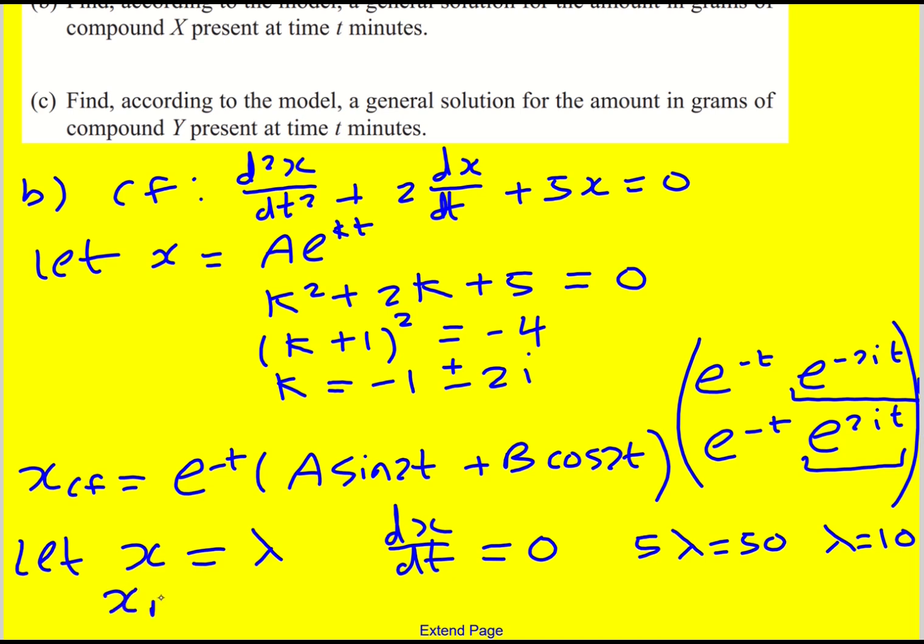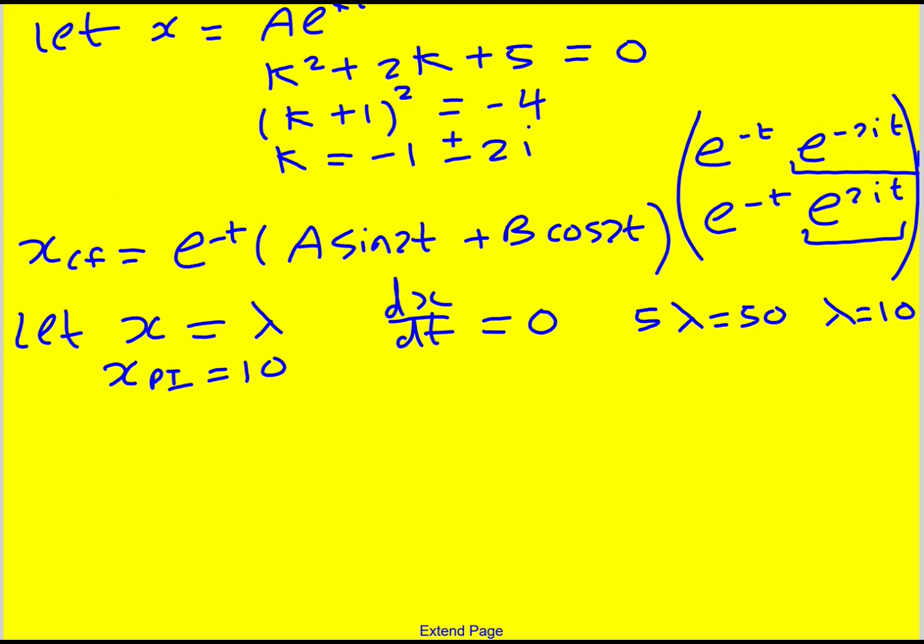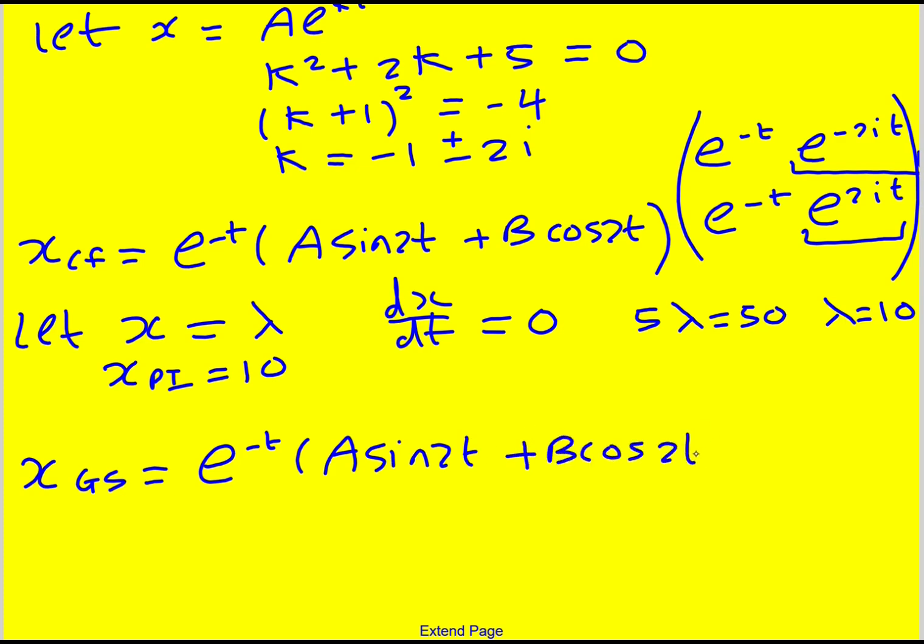And therefore my x particular integral is actually 10. I need to add that for my general solution. So the general solution is e to the minus t, a sine 2t plus b cos 2t, plus 10. That 10 is needed to give us the 50 on the right-hand side.